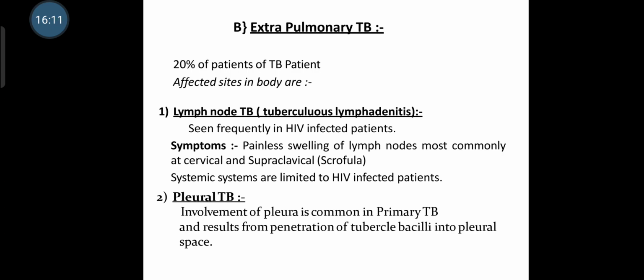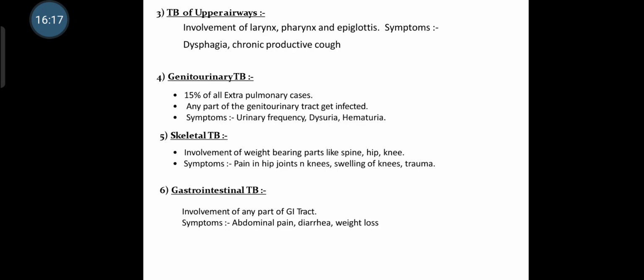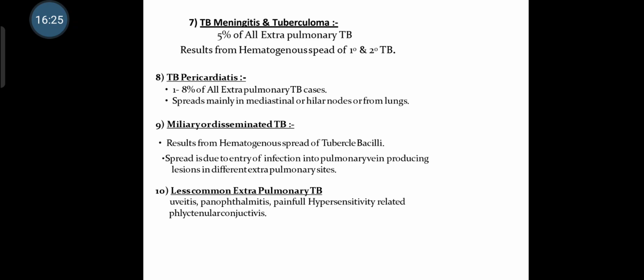So we have the different types of extrapulmonary tuberculosis, including lymph node tuberculosis, pleural tuberculosis, tuberculosis of the upper airway, genitourinary tuberculosis, skeletal tuberculosis, and gastrointestinal tuberculosis. Next is tuberculous meningitis and tuberculoma. 5% of all extrapulmonary tuberculosis results from hematogenous spread of first degree and second degree tuberculosis.